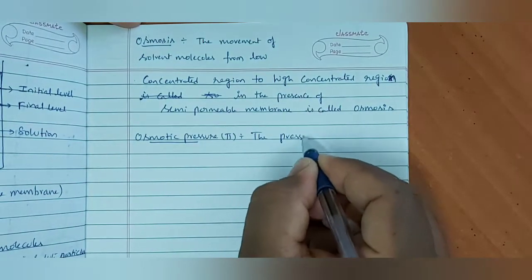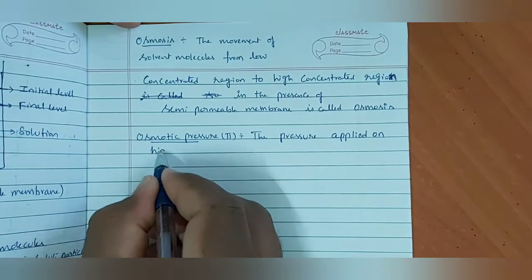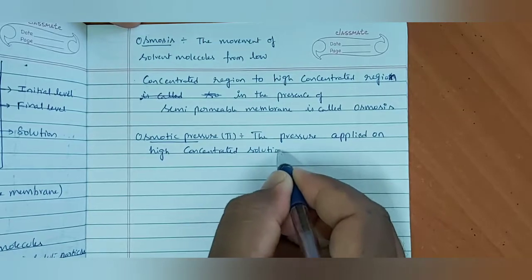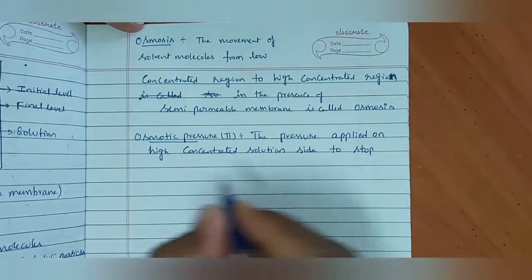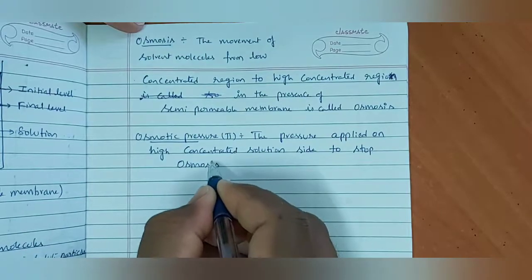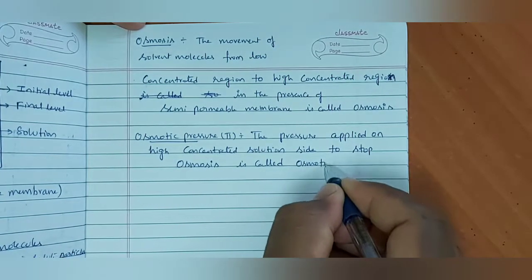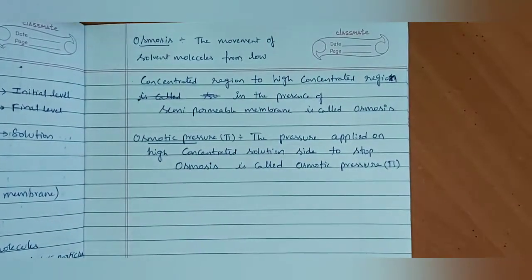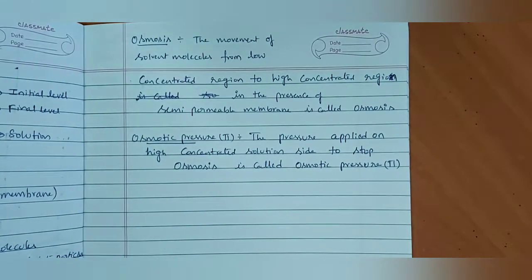The pressure applied on high concentrated solution side to stop osmosis is called osmotic pressure, which is represented by pi.